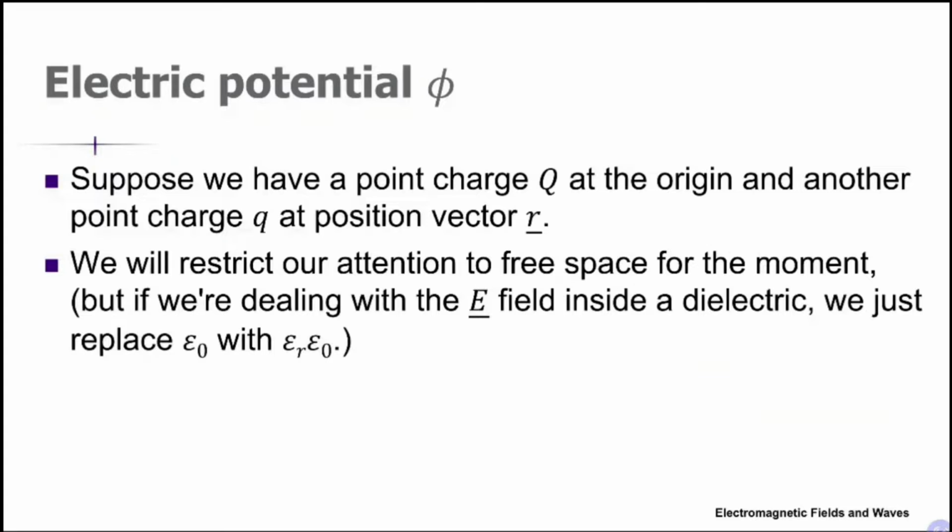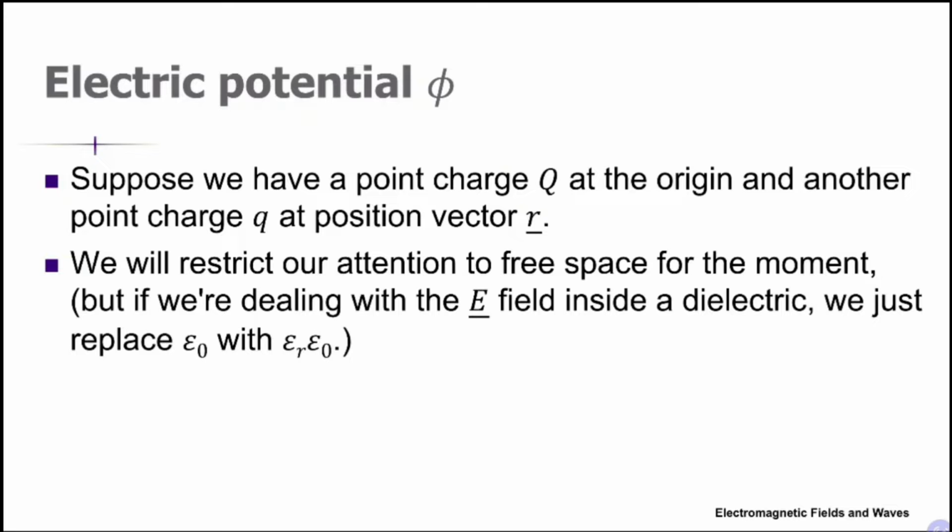We take this in free space at the moment. If it's in a dielectric material, we simply account for that with an additional factor epsilon r. So it is free space, which means that epsilon r is equal to 1.